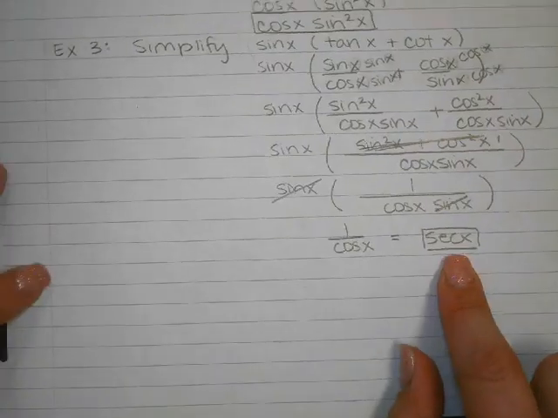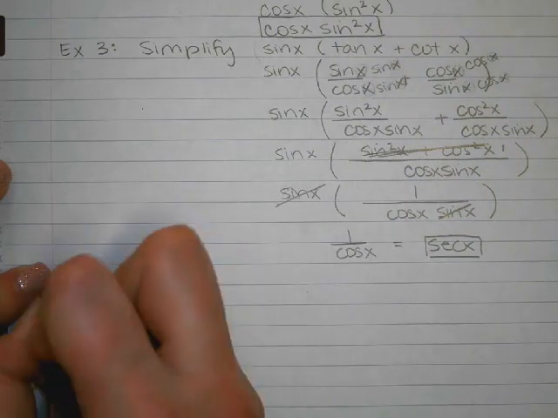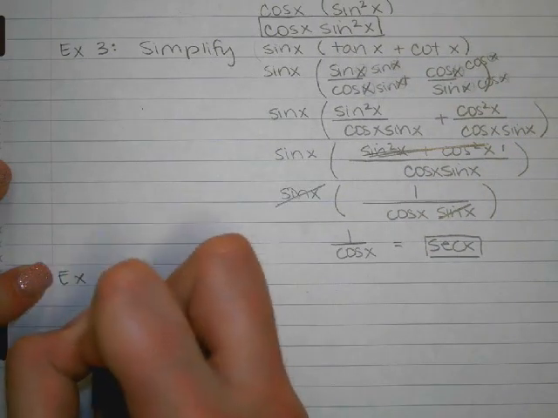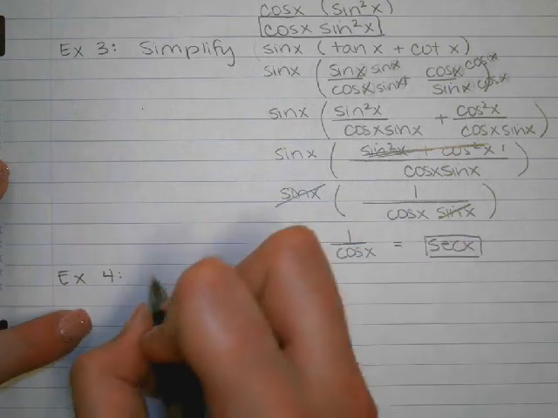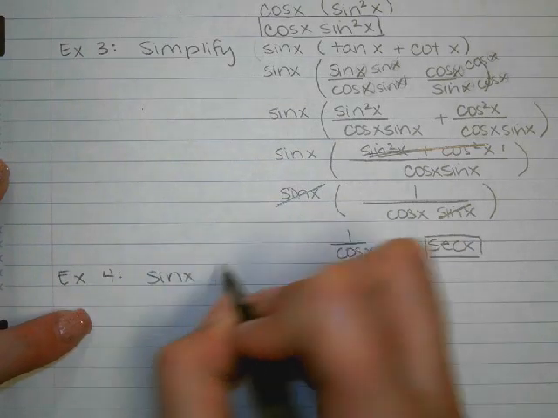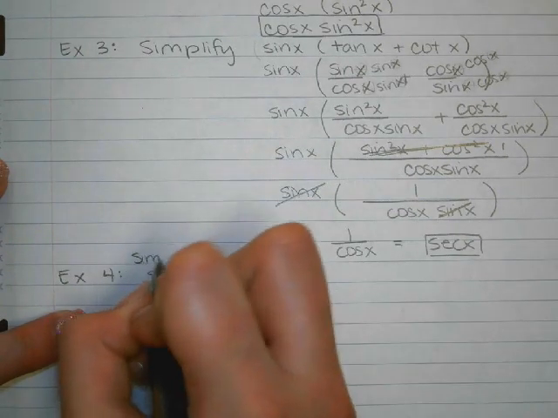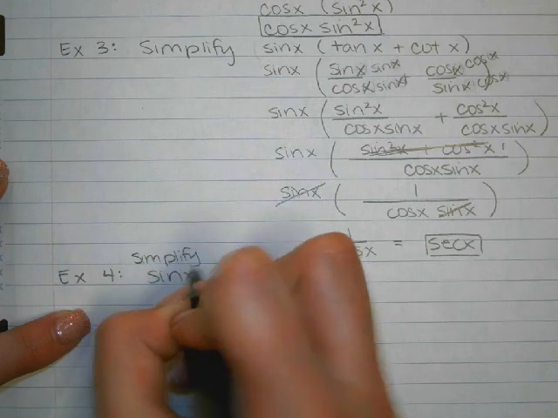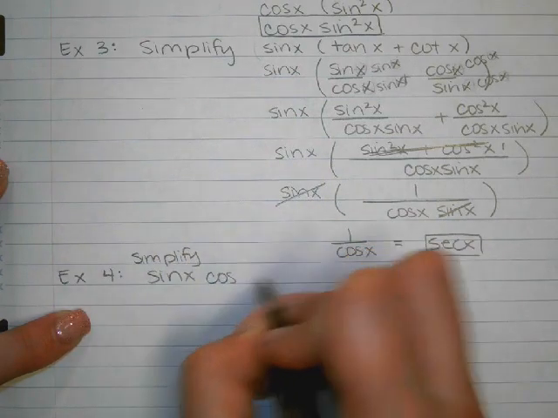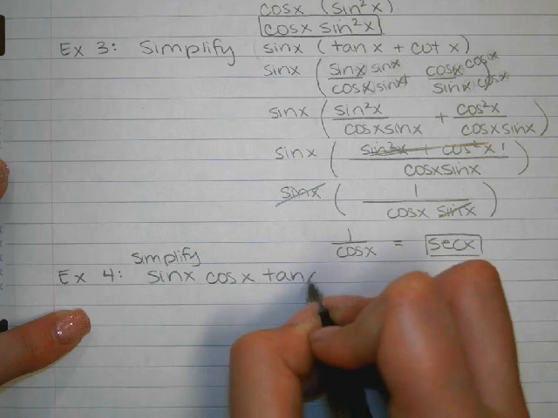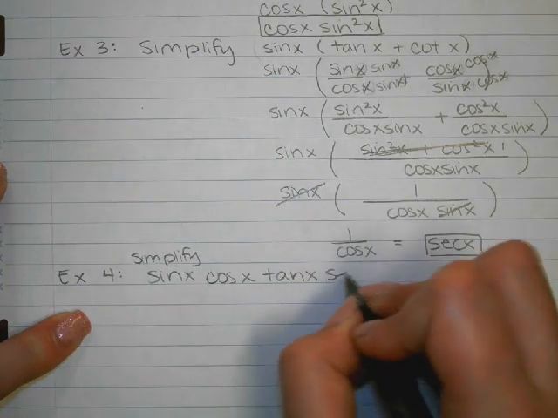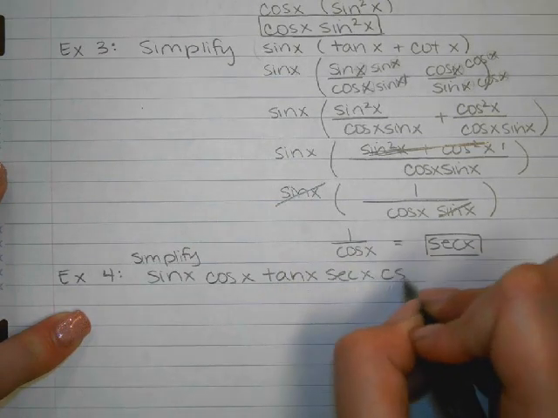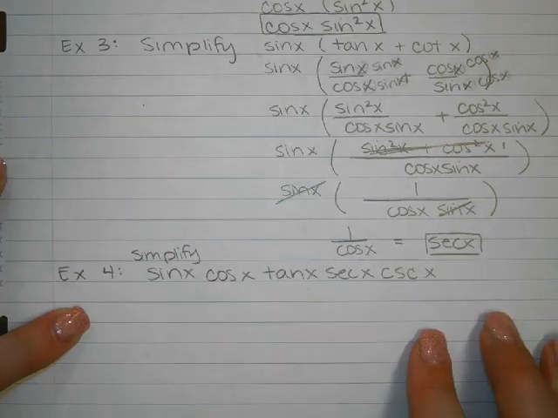Okay, and we're going to do one more example. All right, so we have sine x, the instructions are going to say to simplify: sine x times cos x times tan x times secant x times cosecant x.